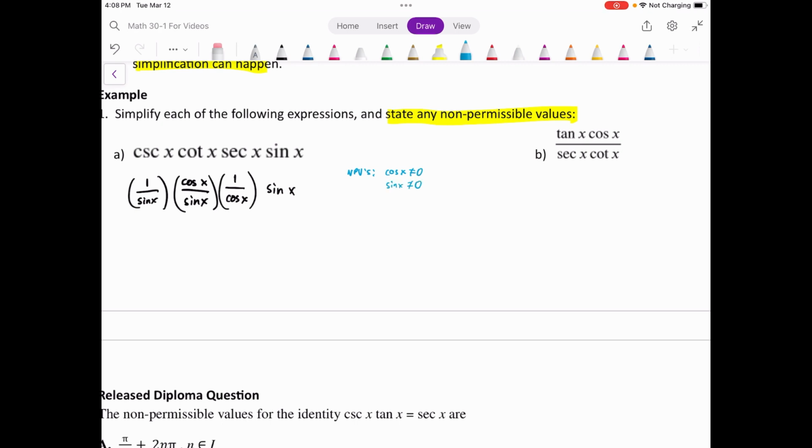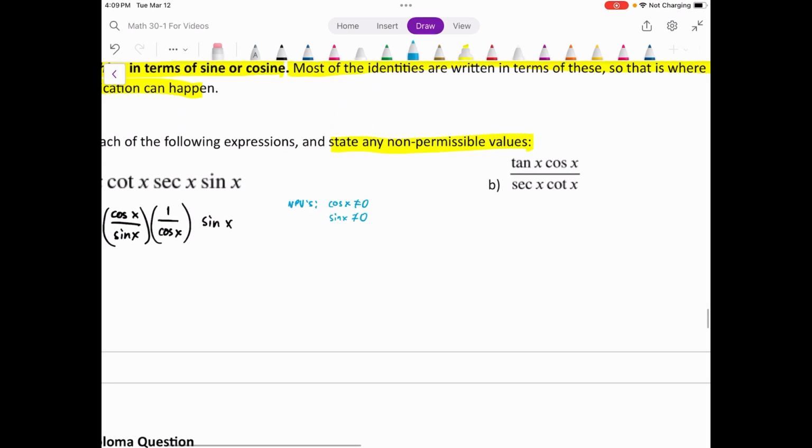Be very careful. A common student mistake is to say, there we go, I stated my NPVs, but cos x isn't the variable. x is the variable. So if cos x cannot equal 0, that means x cannot equal, well, where does cos x equal 0? When our terminal arm is on the y-axis. So that's at pi over 2, 3 pi over 2, and on and on, anything coterminal to those.